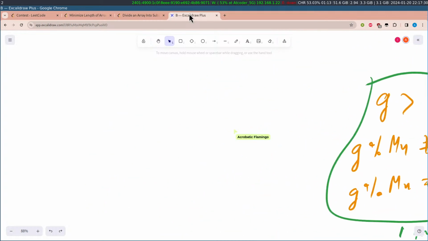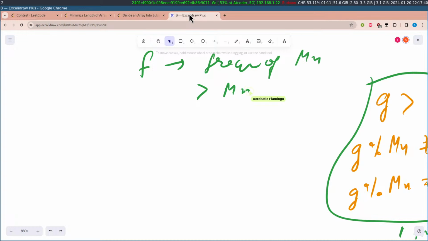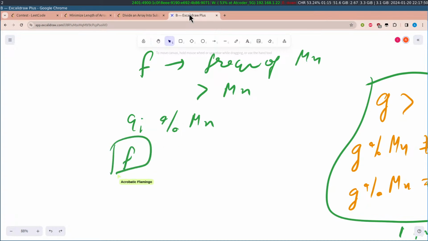To summarize, if f is the frequency of the minimum, then you can delete all the elements greater than minimum by performing operations like this. At last you will have f elements equal to minimum, and now you can delete them in pairs to get an array of ceil f by 2.